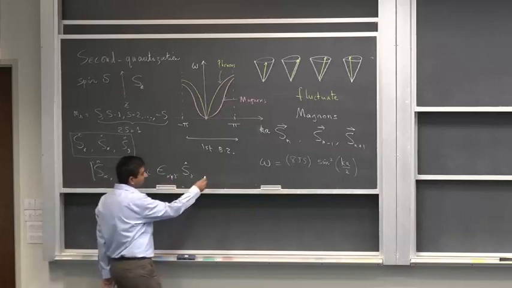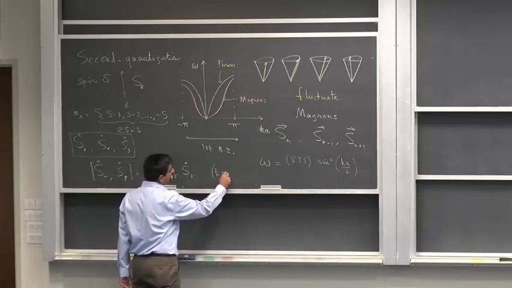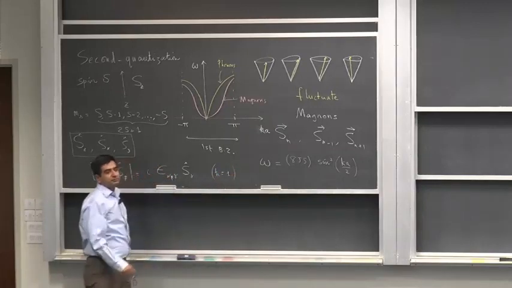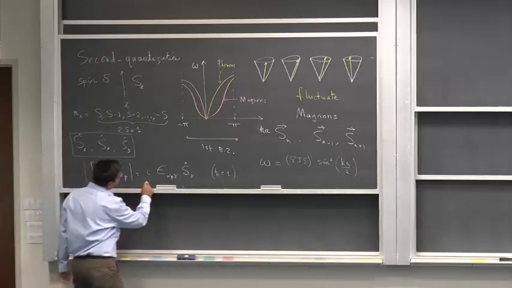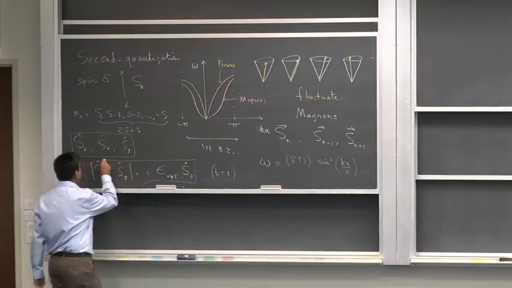Where I'm taking, in today's lecture, h bar to be equal to 1. So these are the commutation relationships for the spin operators.